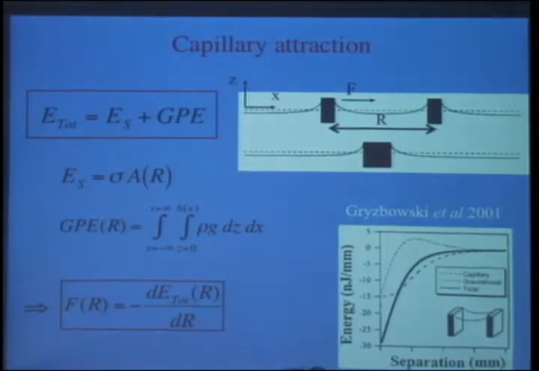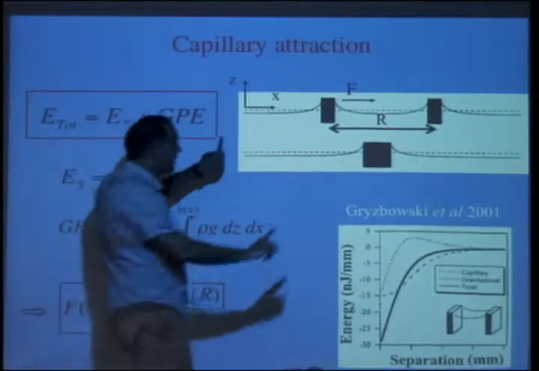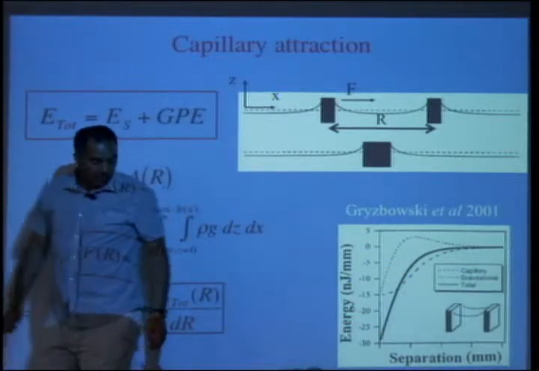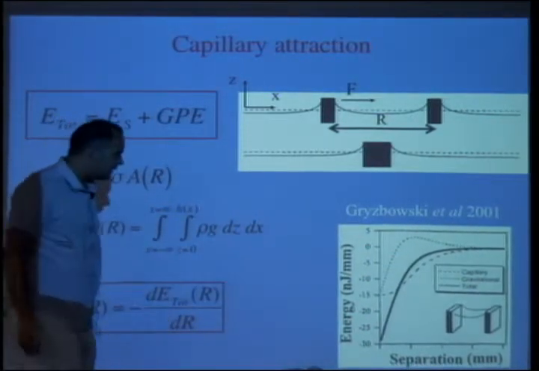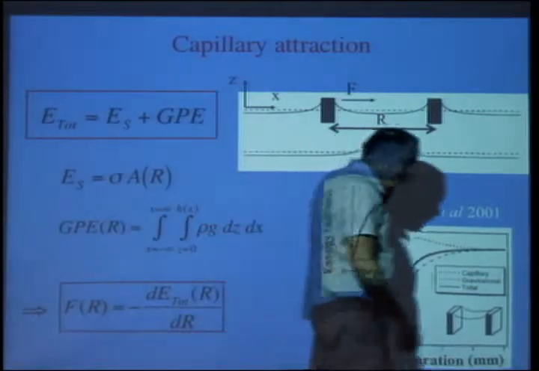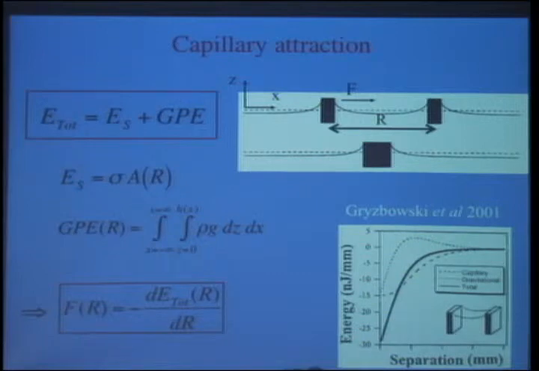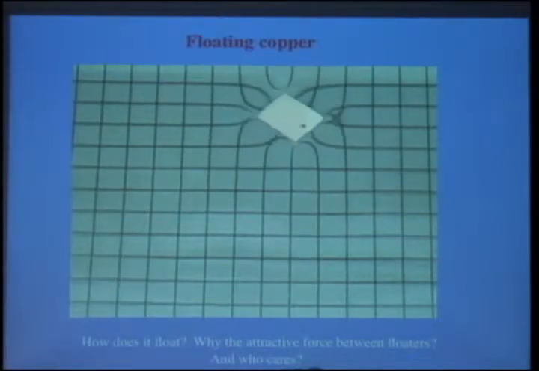So these are two floating objects now. You can calculate the force on them as a function of R by taking the derivative of this energy. And so you can see how things go and when they attract and when they repel. Okay, and so that's how we can rationalize this sort of behavior.